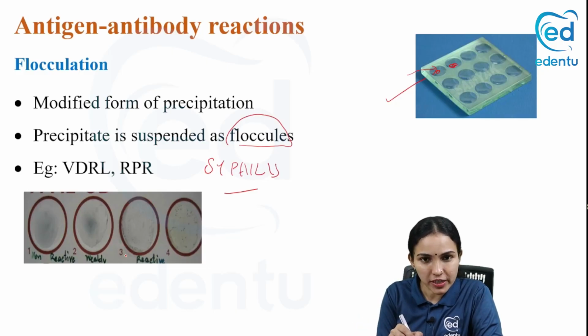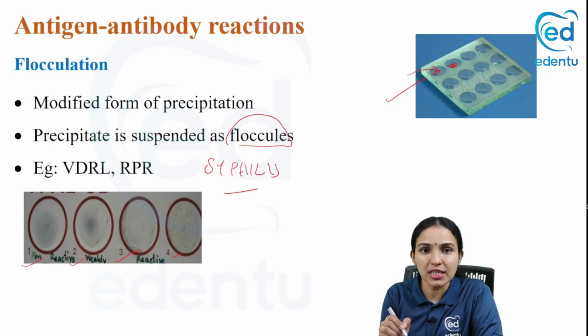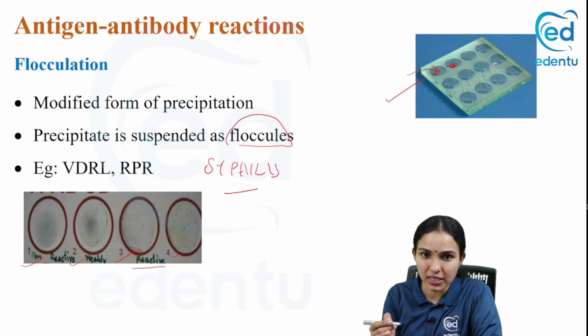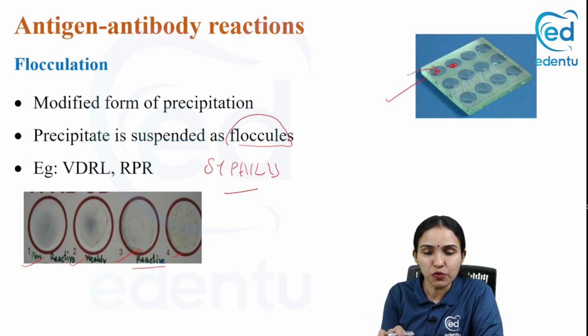And this is a modified kind of VDRL test that's called RPR, Rapid Plasma Reagin Test. Here in this figure, you can see in 1 and 2, there is no precipitate formed. Whereas in 3 and 4, you can see this fine, tiny black precipitate that is actually positive. So this is RPR positive or reactive. 3 and 4 are reactive, 1 and 2 are non-reactive. So that is a flocculation test.